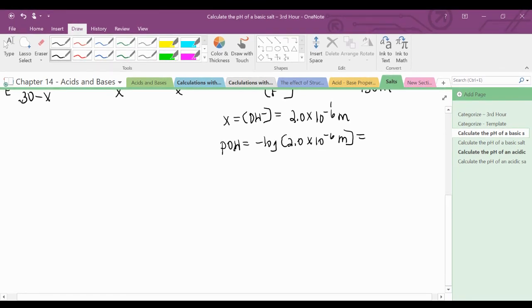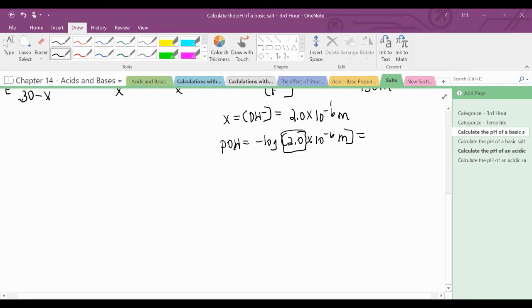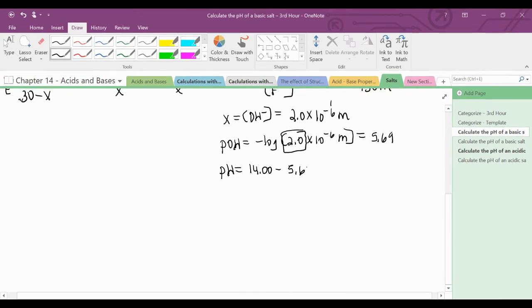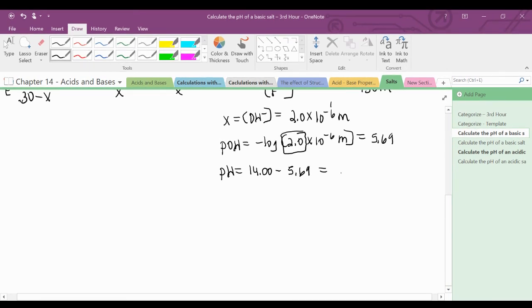And the concentration has 2 sig figs, so your answer should have 2 decimal places. So again, you can pause your video to make sure you get an answer of 5.69. And then if I subtract that from 14, this is going to give me my pH of 8.31.